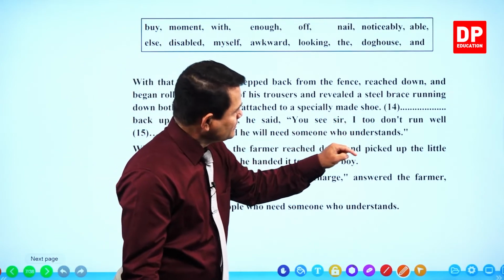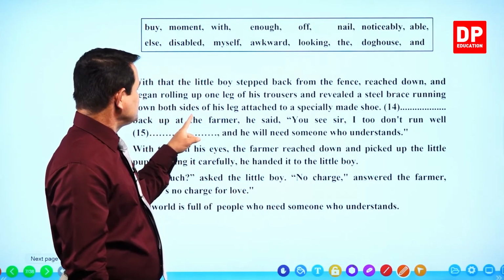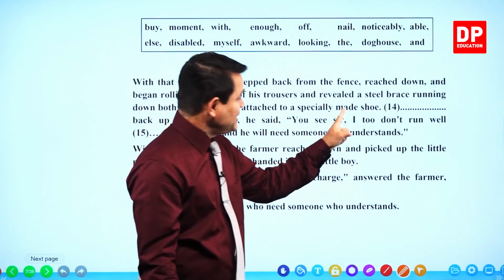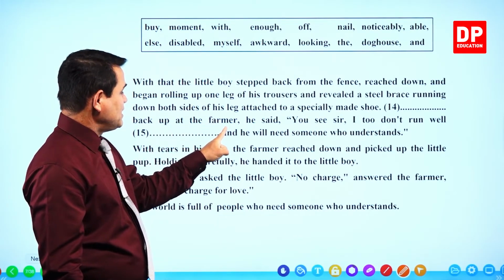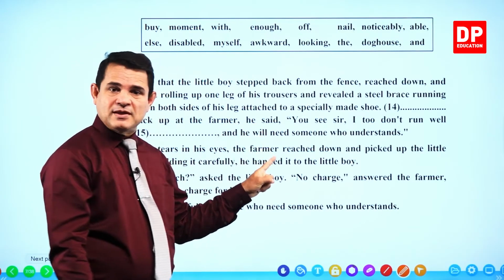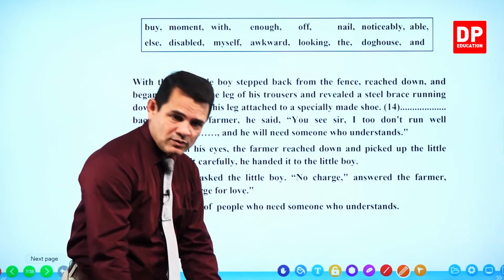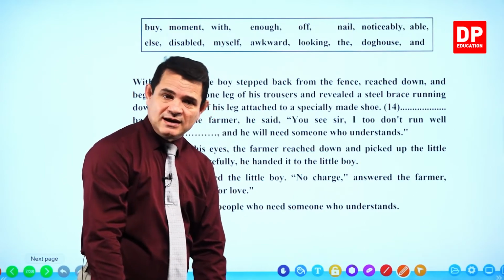A specially made shoe. So he too is not able-bodied, he is disabled. Then he looked back up at the farmer.